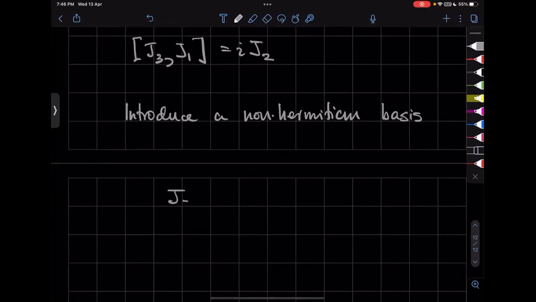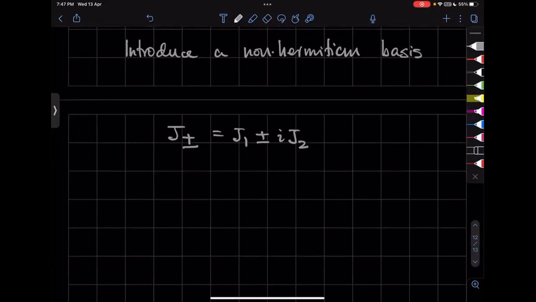And let's define J plus minus to be J1 plus minus i J2. So then we have that J plus minus are not Hermitian, right? If I take J plus, take its Hermitian conjugate, I get J minus. And if I take J minus, take its Hermitian conjugate, I get J plus.